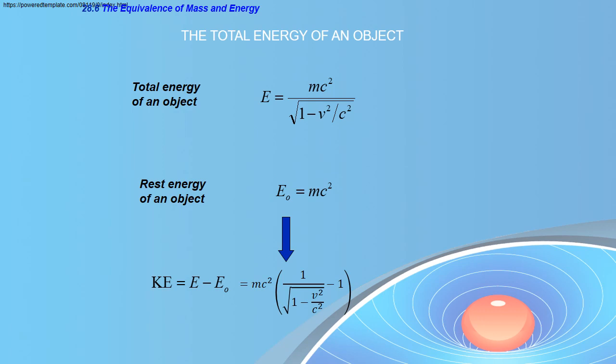Minus 1 is 0. The kinetic energy, if you are at rest, is 0. So it works. It still gives you the right answer. It jives with Newtonian mechanics, and that's one of the requirements. But the point is, your speed also affects your energy, but it's not just your speed, it's your speed relative to other objects.